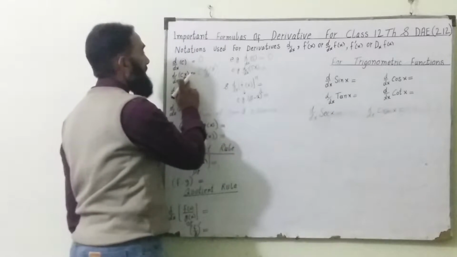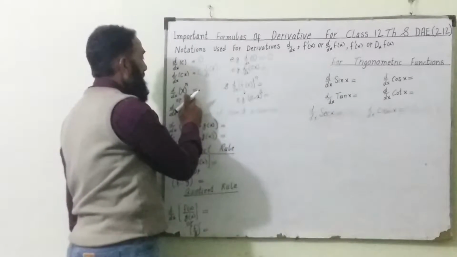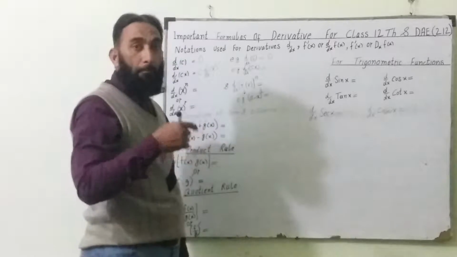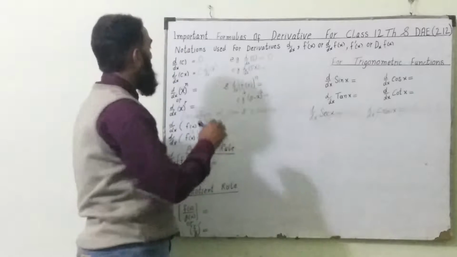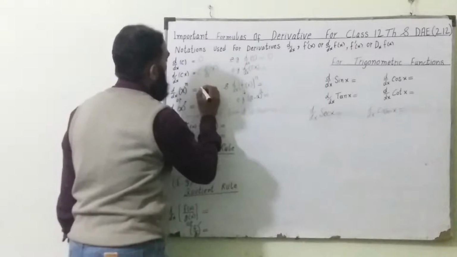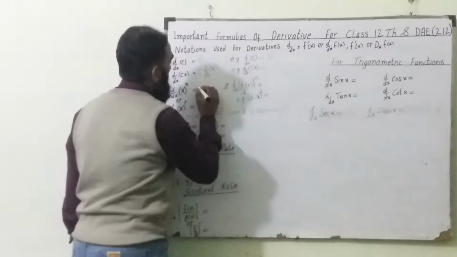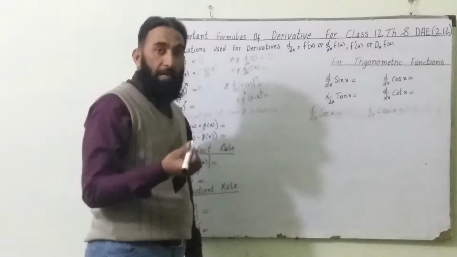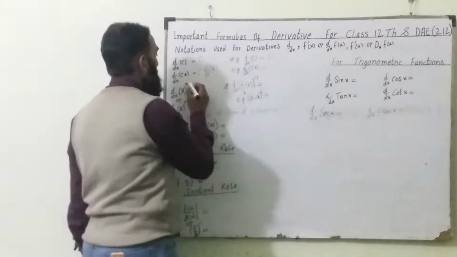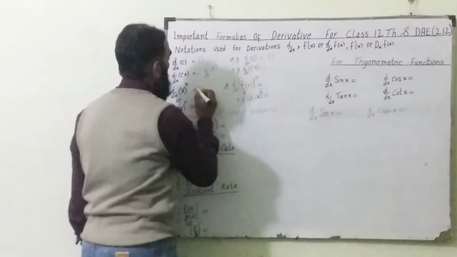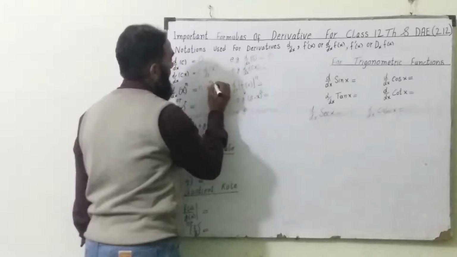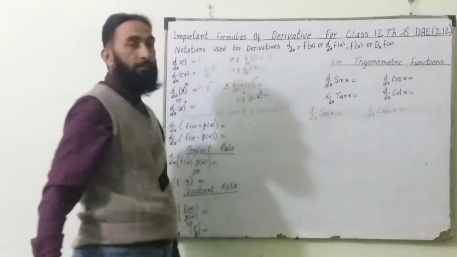In the next line, the derivative of x power n. In this type, we just take n first, and we subtract 1 from this power, like this: n x to the power n minus 1.